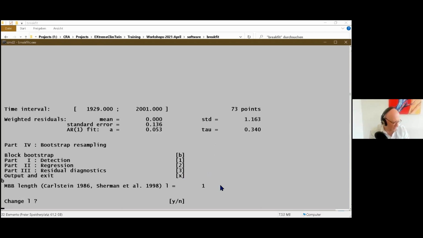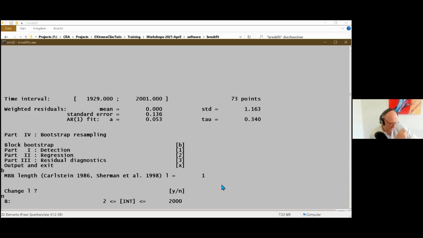Well, it is not only Carlstein. In the book you find the references. Sherman and others adapted the Carlstein formula for the MVP. Anyhow, you can also cite my book. It's not so awfully relevant, this stuff. So there's no reason to change this. So I press no and enter.